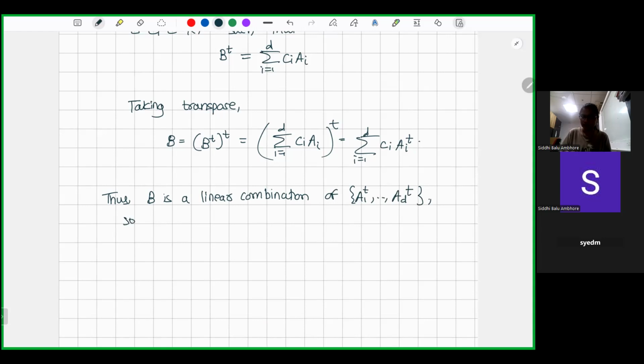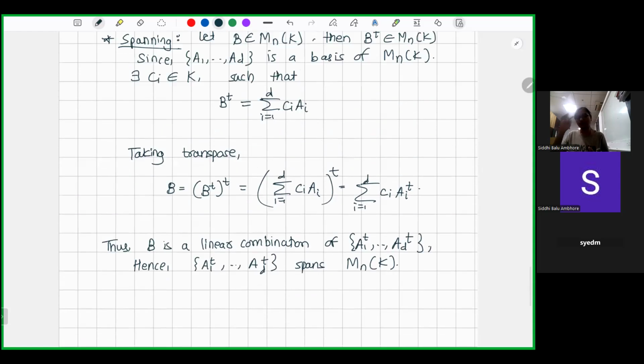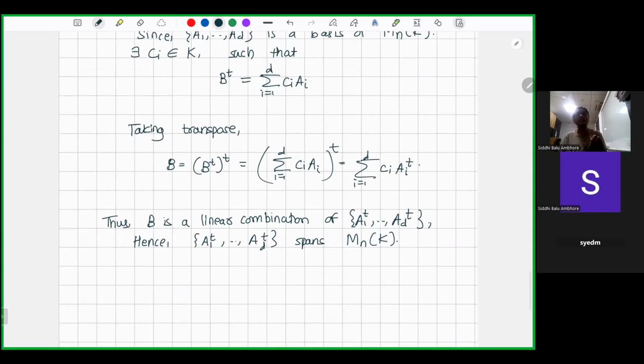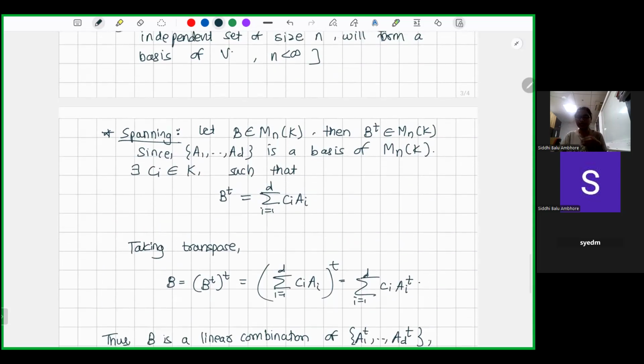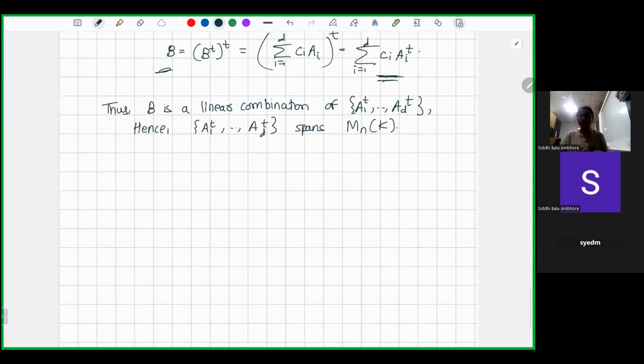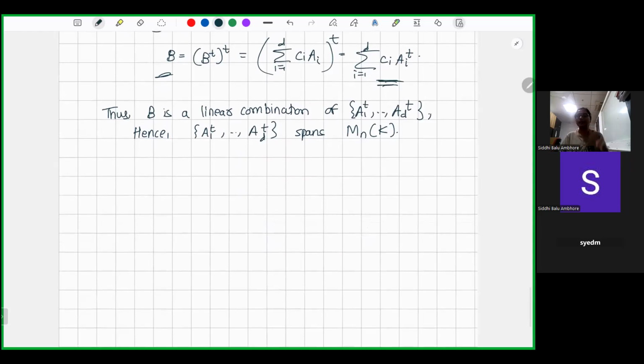So hence this spans A1 transpose to AD transpose, MNK. Okay, and now that we know it is also a linearly independent set and we know it also spans, for any given B, I can write B as a linear combination of these A1 transpose to AI transpose.